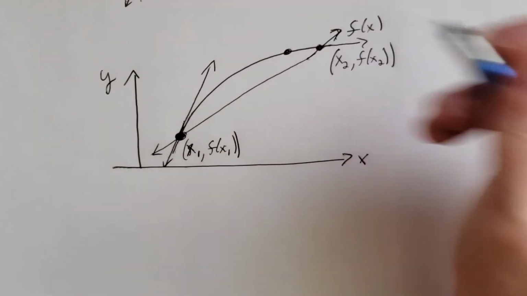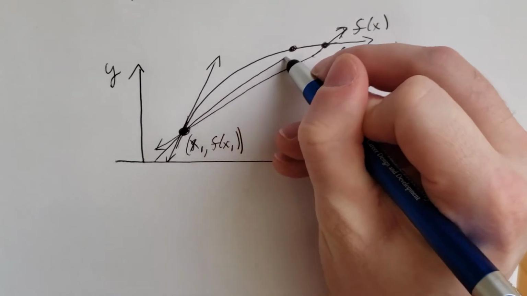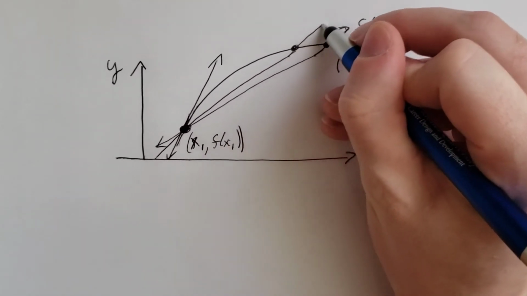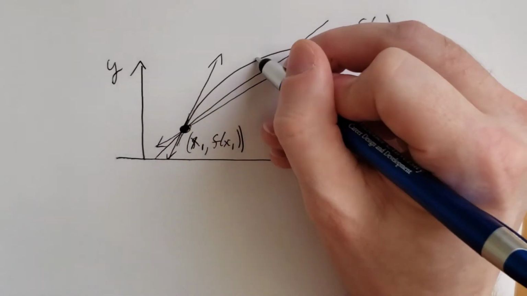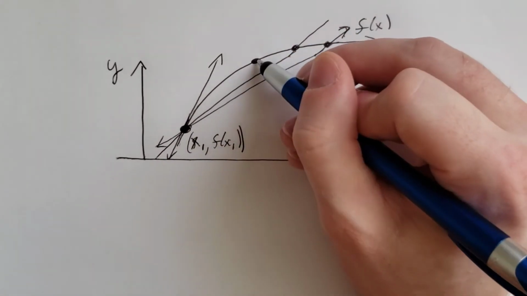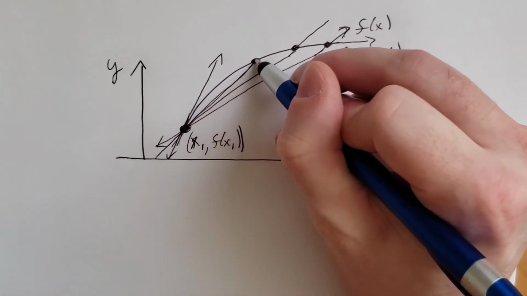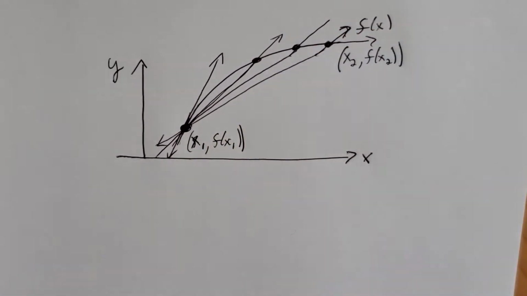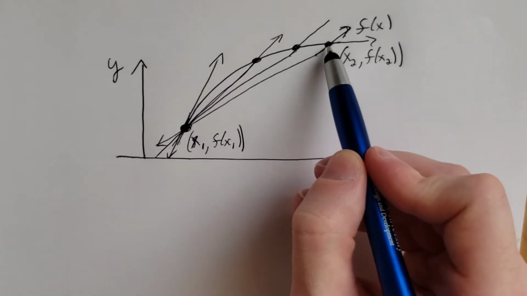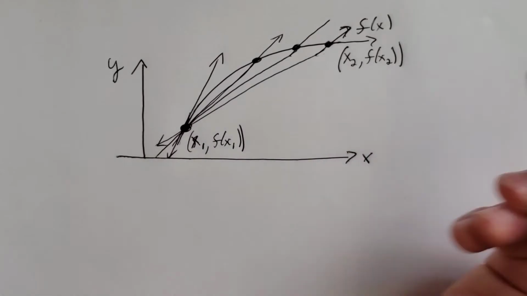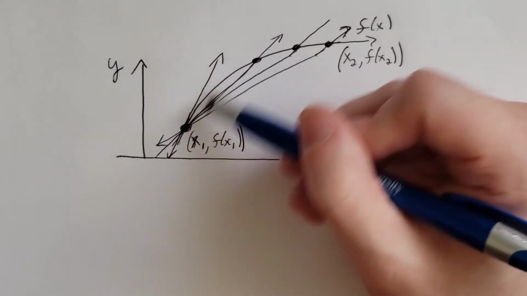But if we draw another secant line here, where our second point is moved a little closer, and then we draw another point here where our secant line is moved a little closer, then what we see is that the limit of these slopes approaches the slope of this tangent line.